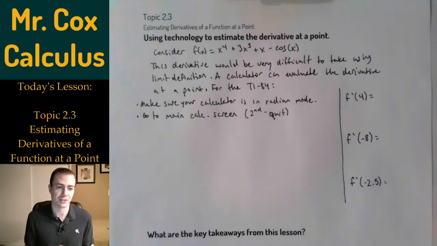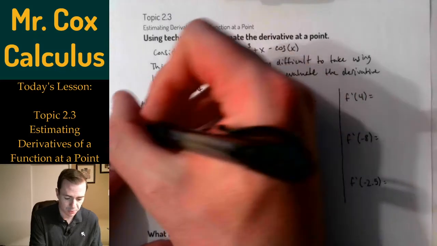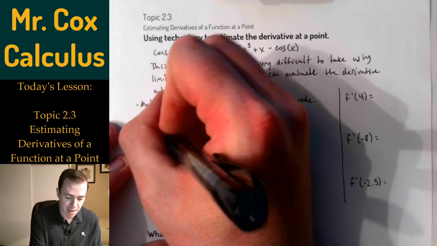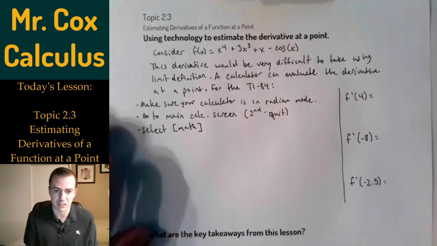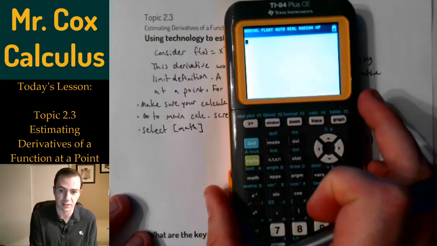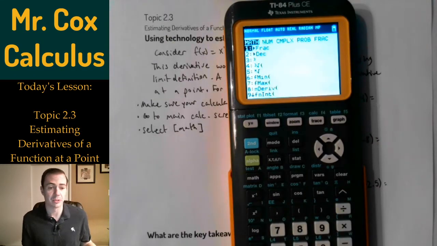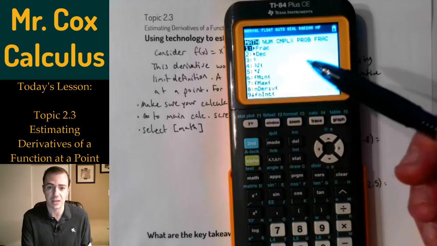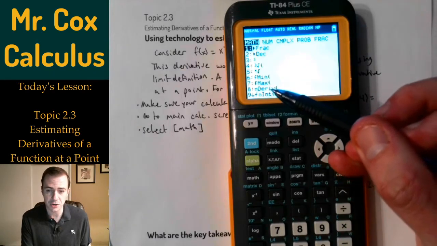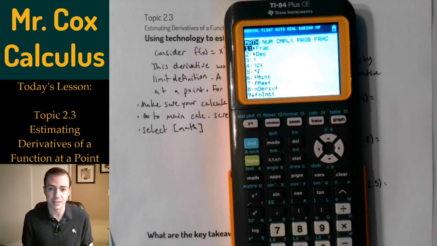So here's where the action starts in terms of taking the derivative at a point in your TI-84. You're going to press the button that says Math there on the left side. I'll try to show button pressing in brackets so you can tell that it's a button. You get a lot of options, some of which you've probably dealt with, like the cube root and the nth root. But the option you're really interested in here is option number 8, the one that says NDERIV, for derivative.